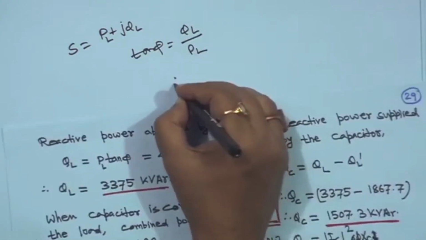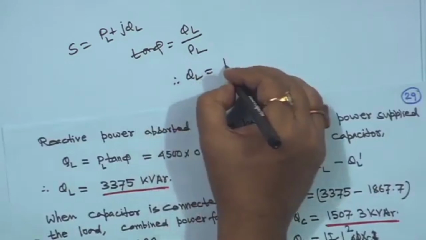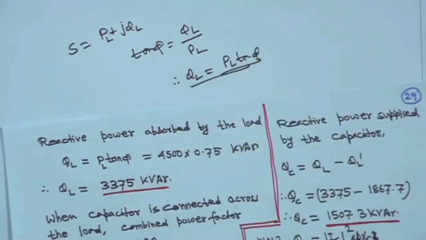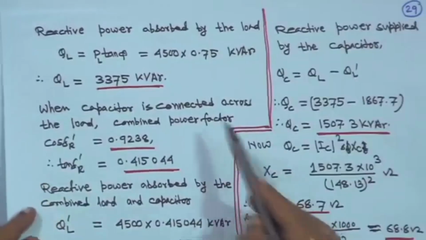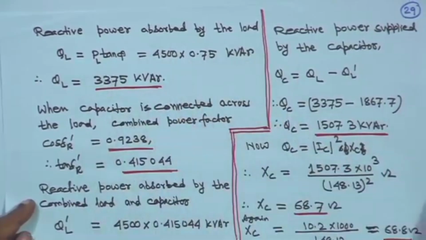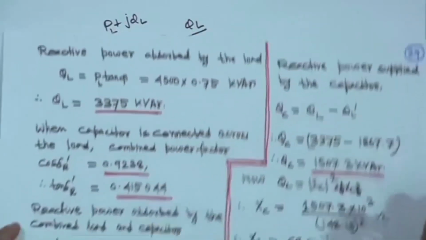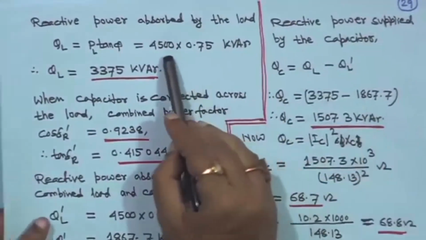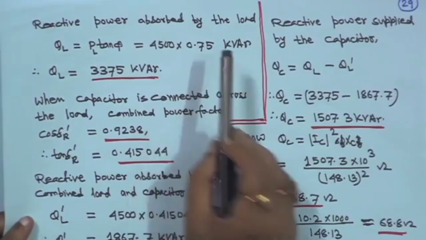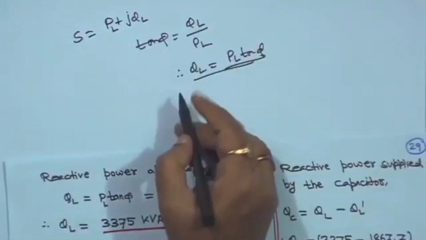That means QL is equal to PL tan phi. That is why we are writing that reactive power absorbed by the load QL is equal to PL tan phi, a simple thing.